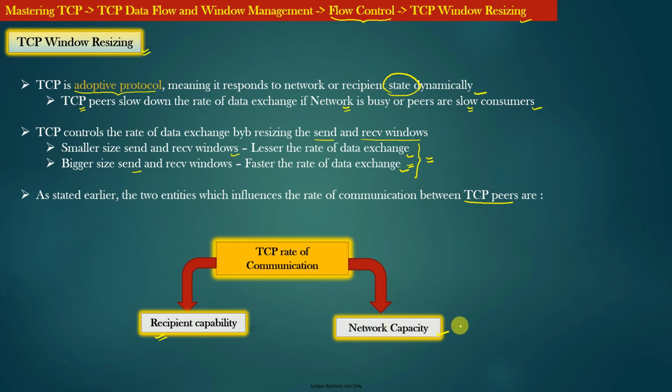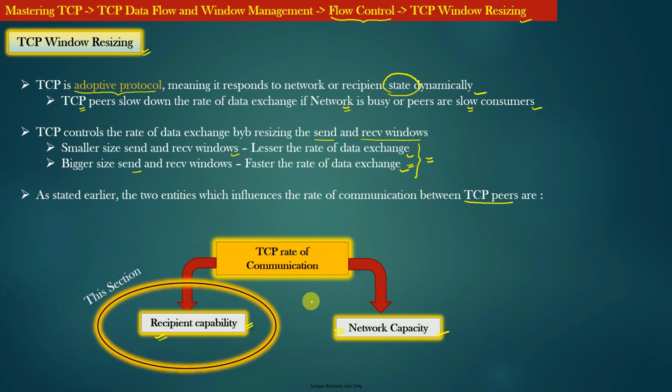That is, what is the bandwidth of the network? Is the network congested? How many other machines are communicating on the existing network? Simply put together, how fast the TCP sender and TCP receiver can carry out data exchange depends on the recipient capability and the network capacity. In this section of the course, we will discuss in detail how recipient capabilities influence the rate of communication.